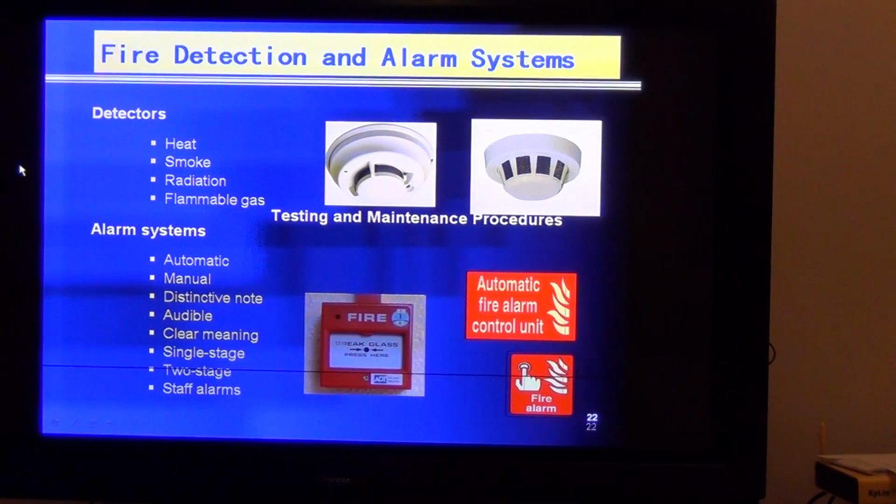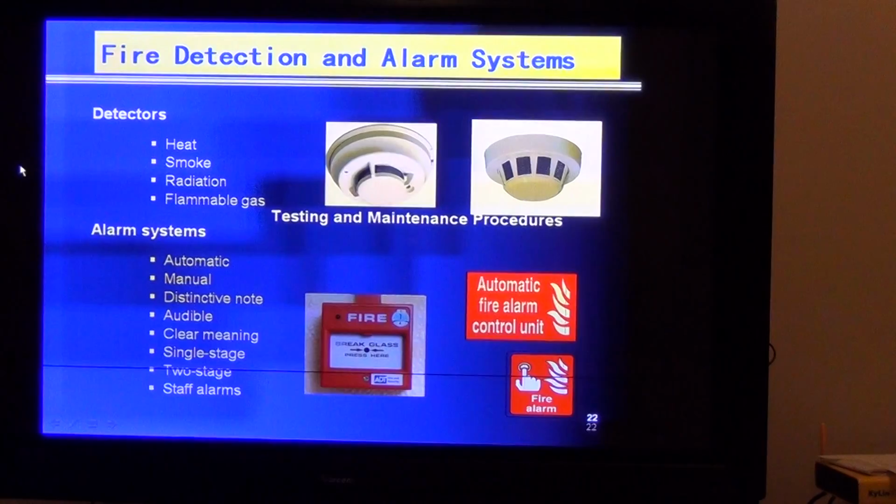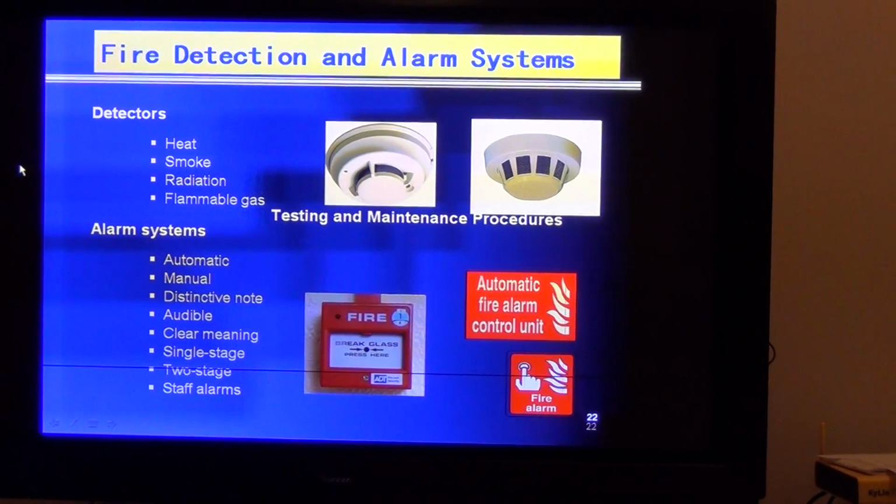So here we talk about fire detection and alarm systems. If we can find the fire on time, we can control it on time and try to prevent loss. So detectors, there are lots of different detectors.